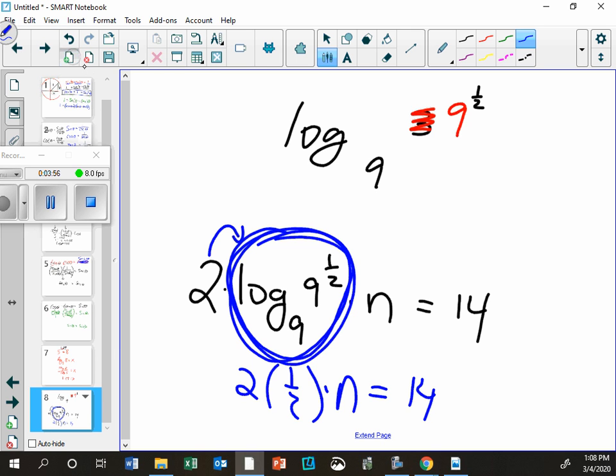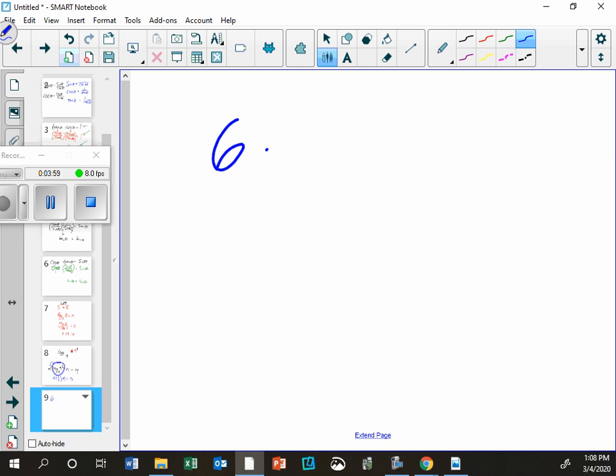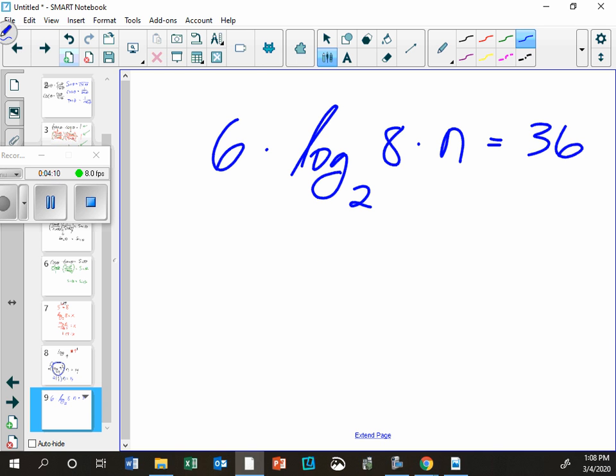So you can take the whole log out of it if you can simplify it. All right, let me give you another one like that. 6 times log base 2 of 8 times n is equal to 36. I hope you're thinking about that 8 and saying, I really want that to be a 2.